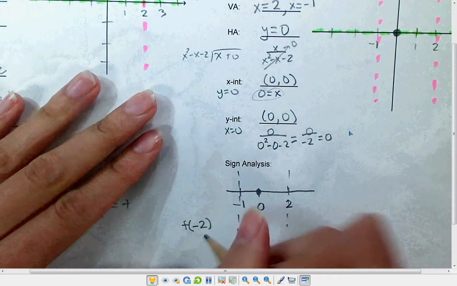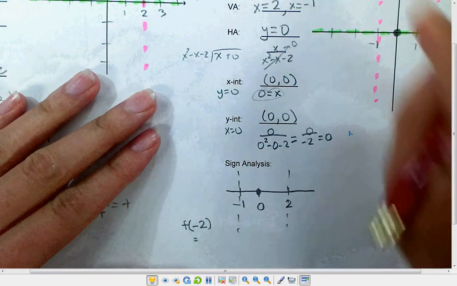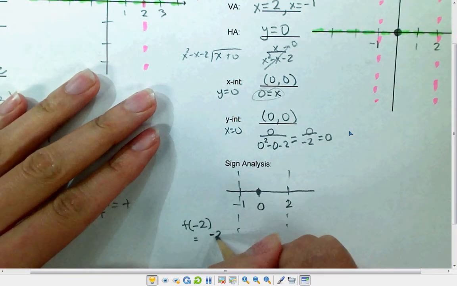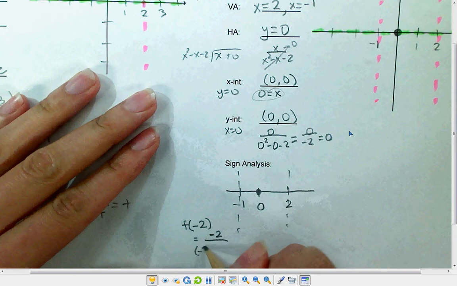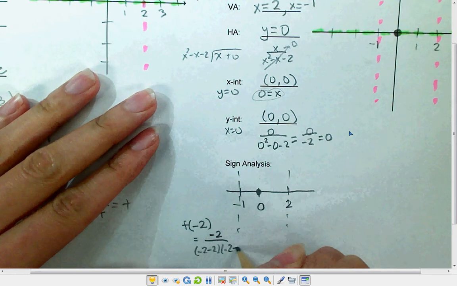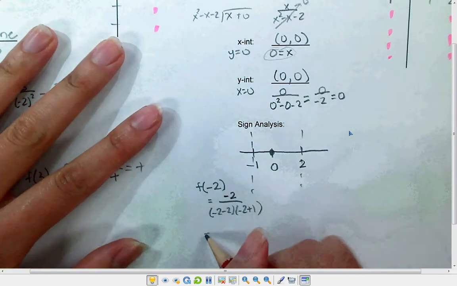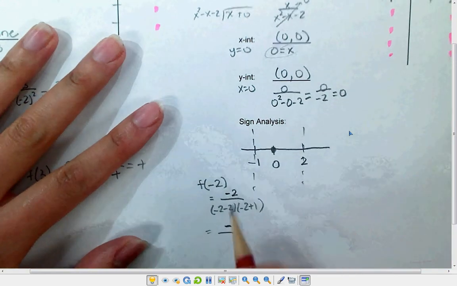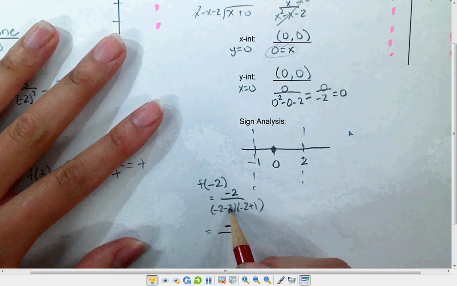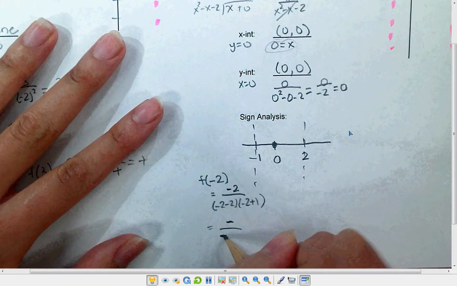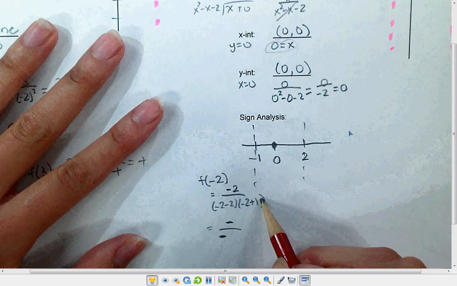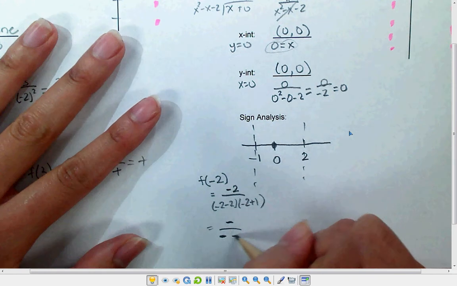If we plug it into our function, so we're going to use our factored form now. X is negative 2. Negative 2 minus 2, negative 2 plus 1. Again, we only care about whether it's positive or negative. So negative 2 on top is negative. Negative 2 minus 2, it's getting even more negative, so this is still negative. Negative 2 plus 1 is actually going to be negative as well.